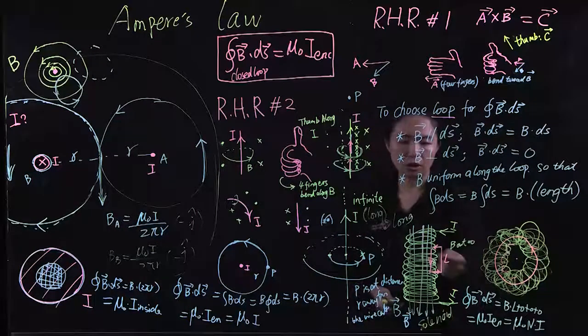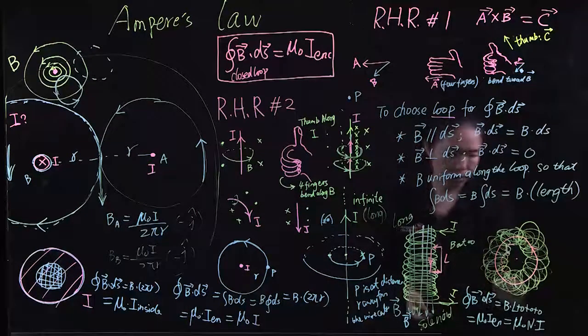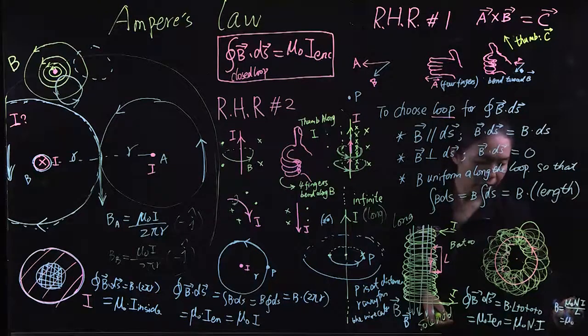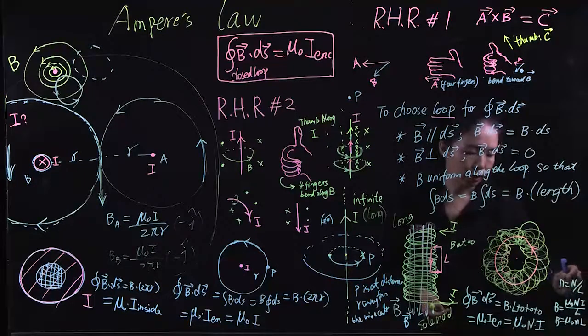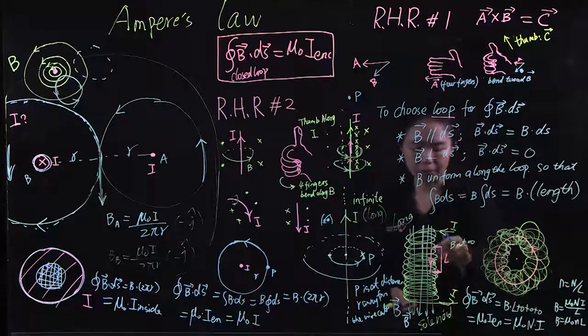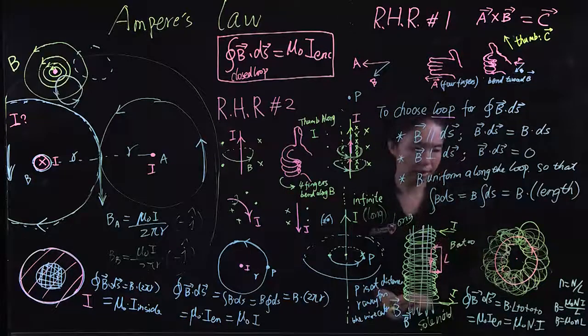And then you can easily solve for the B field inside, which is B equal to mu 0 n I over L, which is equal to mu 0 little n I, where little n is the ratio between the total number of coils over L, the coil number density, or length density: every meter or every centimeter, how many turns you have.